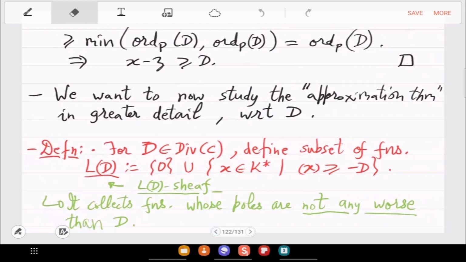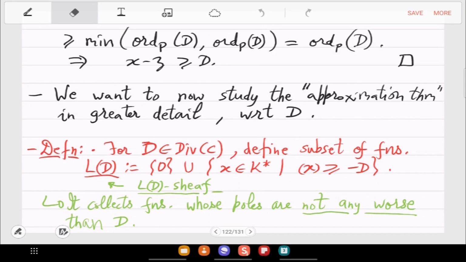Let's look at this distinction. There are these two inequalities, x greater than or equal to minus d. D is a finite sum of points, but this inequality is making a statement about infinitely many points, because you are interested in x whose zeros and poles, although they will be finite, greater than or equal to minus d means that it is not allowed to have any pole outside of D, and it is allowed to have as many zeros as it wants.